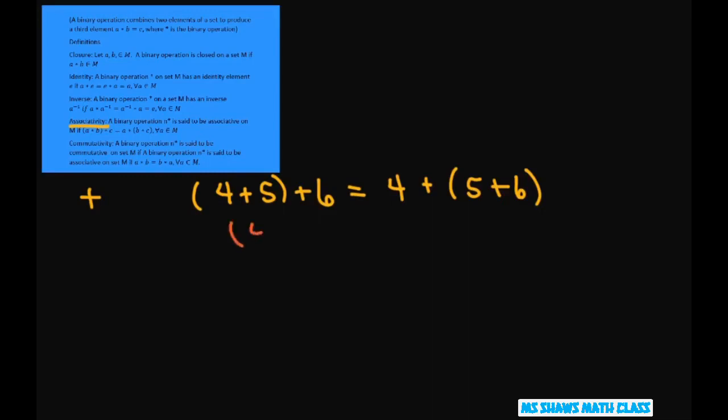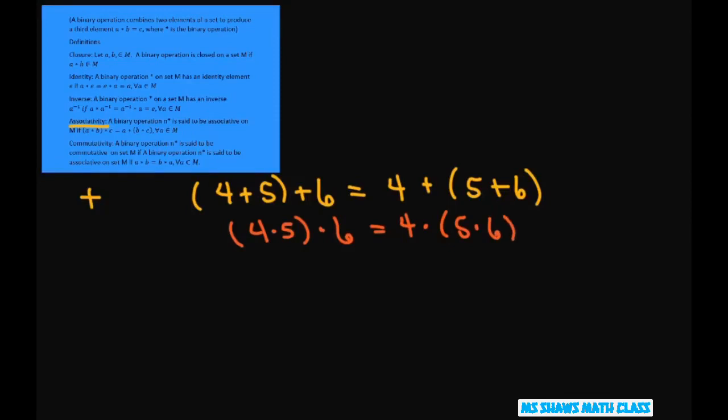All right, so basically it means, for example, for addition, you could have something like (4 plus 5) plus 6. That equals 4 plus (5 plus 6). So addition is associative, so is multiplication. You could have (4 times 5) times 6 equals 4 times (5 times 6).